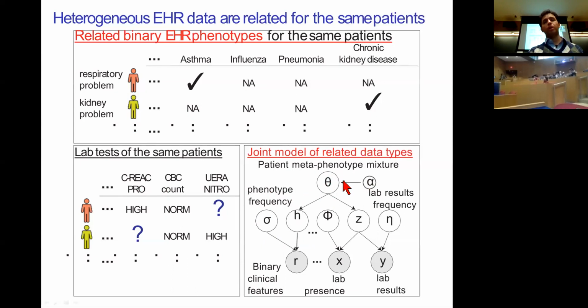Basically, what is their phenotypic class, their meta-phenotype, and conditional on that class, both the frequency of the different phenotypes and whether they are taking a particular test and what the result of that test will be. Sounds good? So basically, I can use this relatively simpler framework for all of the phenotypes, and then this relatively more complex framework for the labs because of the prescription bias for the lab itself.